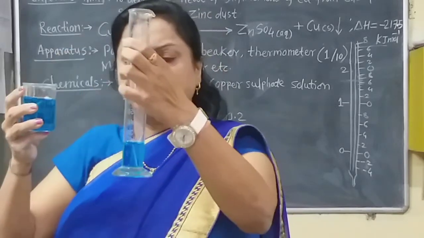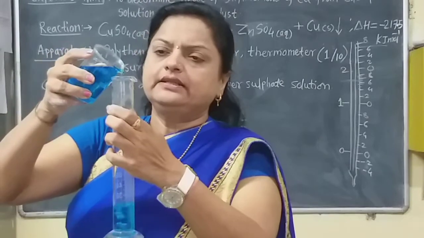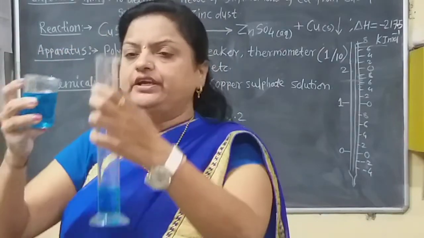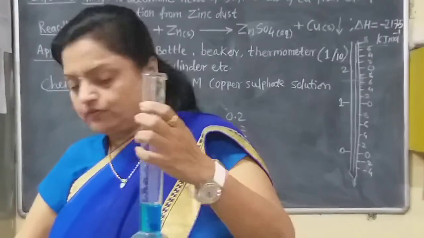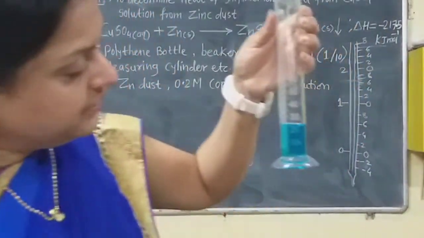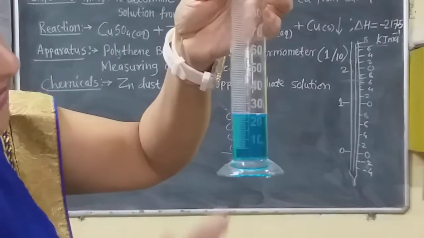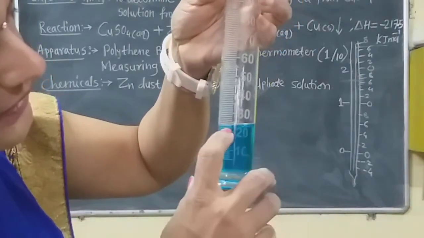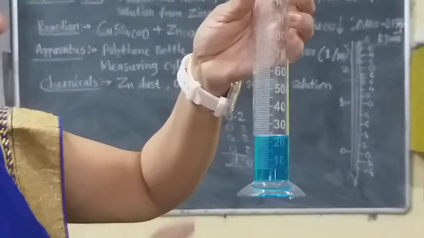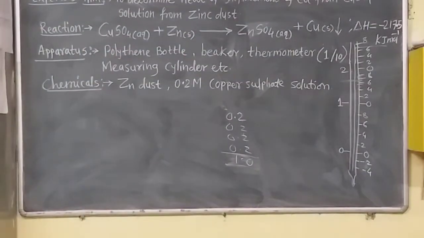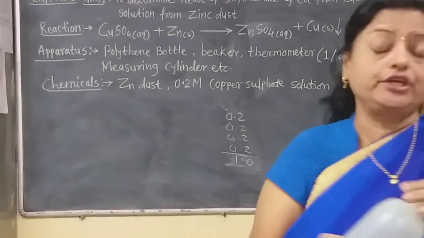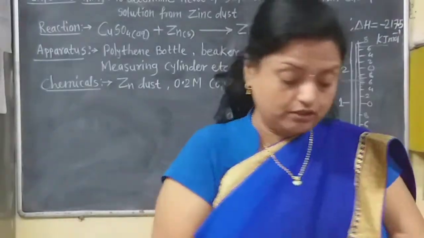In between 20 and 30 there is the marking of 25 ml of copper sulfate solution. We measure here. Now see, between the 20 and 30 this line is of 25. Take the 25 ml of the 0.2 molar copper sulfate solution into the polythene bottle.